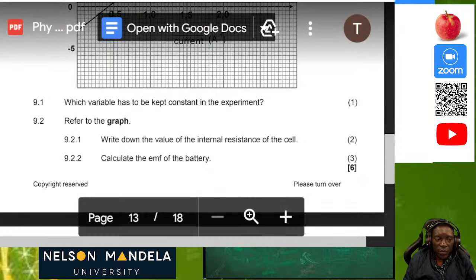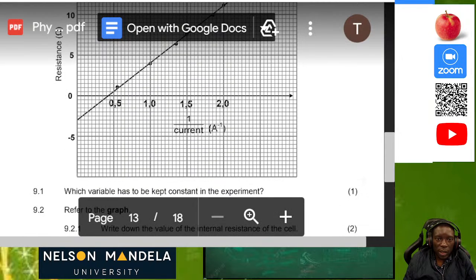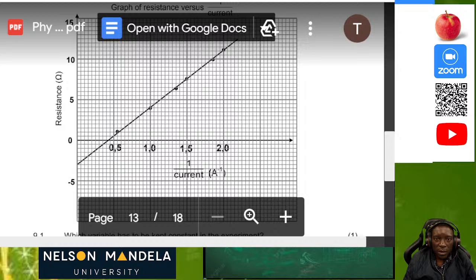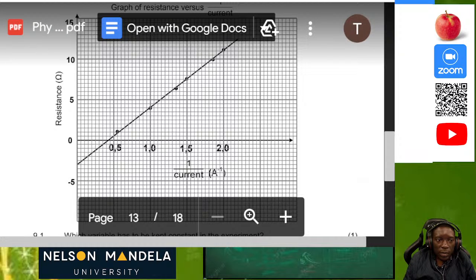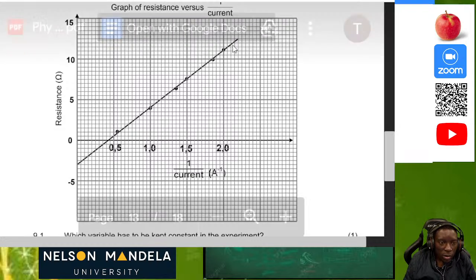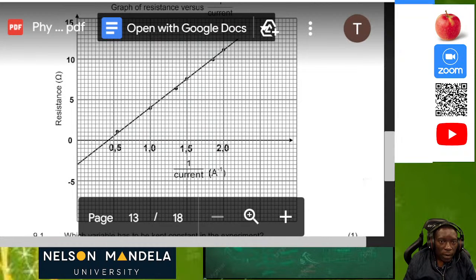Calculate the EMF of the battery. The EMF of the battery. So we'll go back to the graph and find the gradient. So we need to choose points that are easy to read, like this point here.